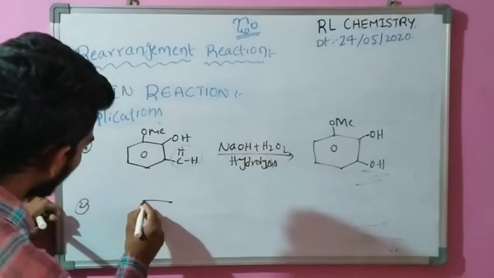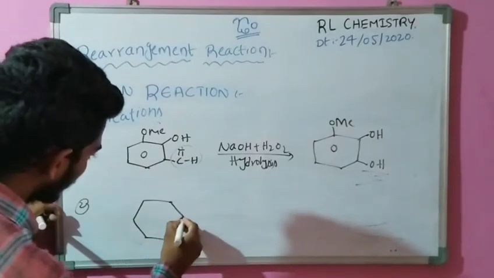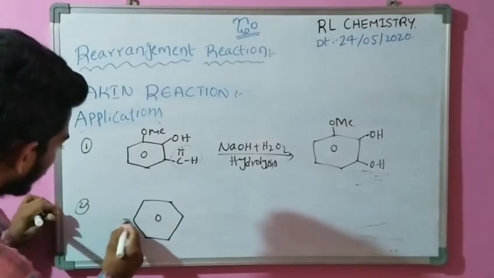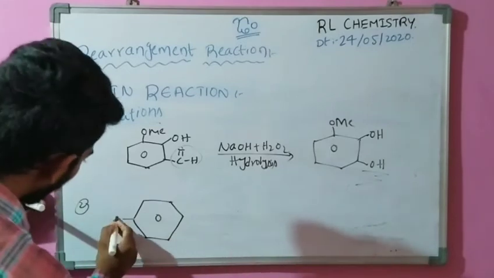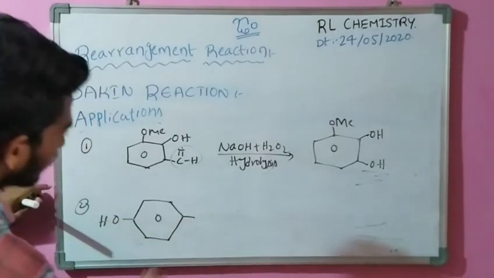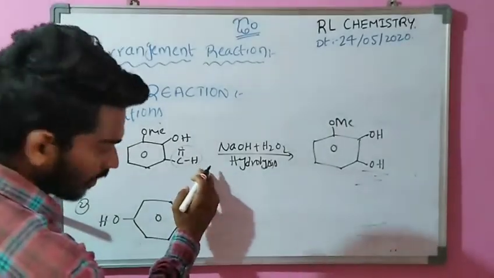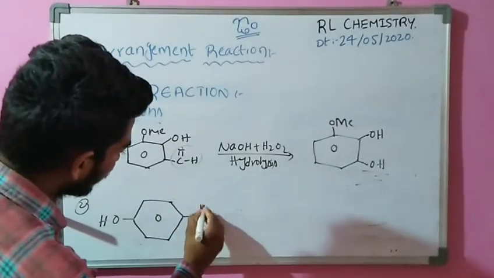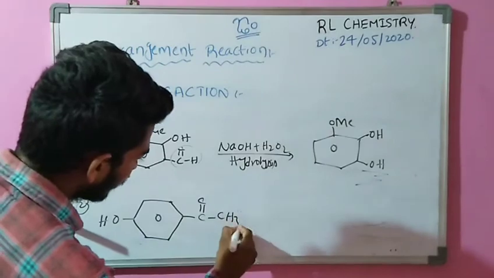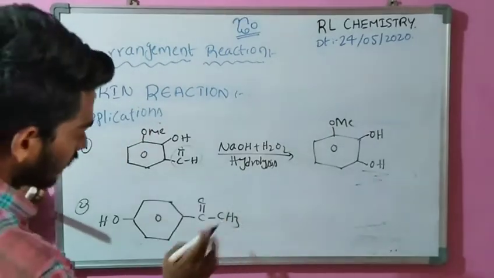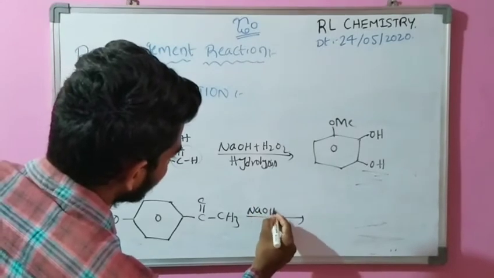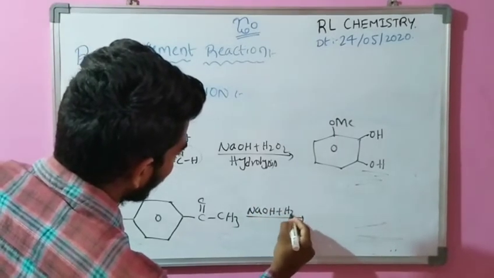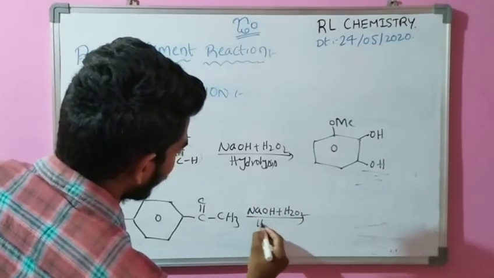Okay, another application we take. Here in this aldehyde, the proton H is replaced by a methyl group. In the presence of sodium hydroxide and hydrogen peroxide, it undergoes hydrolysis.